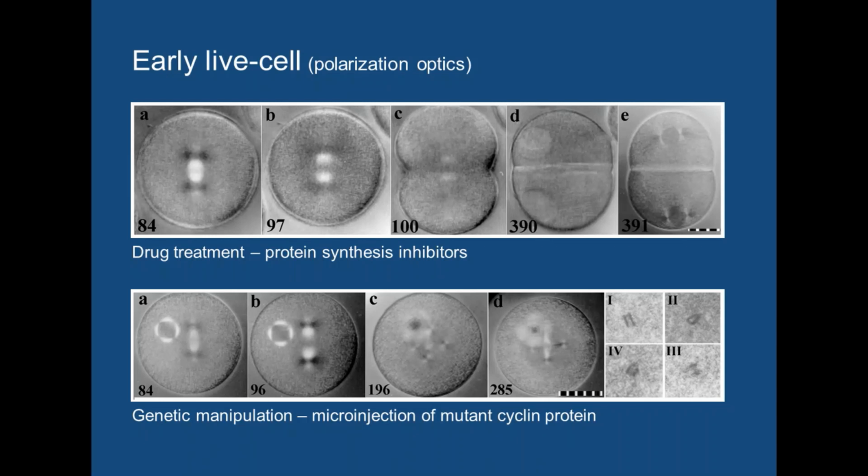That cell would be fixed and then either labeled with a fluorescent marker, or in the case of the bottom set of panels, you're looking at same cell live and electron microscopy, where these cells were embedded, serial sectioned, and the electron microscopy of the individual poles in the multipolar mitotic spindle we used to identify the number of centrioles that were there.